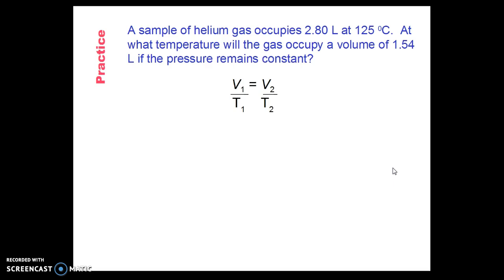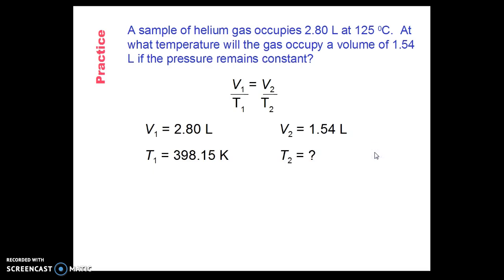We use the working formula from the previous slide, V1 over T1 equals V2 over T2. We write down our known numbers. We remember to always put this in Kelvin, so we add 273.15 to the Celsius temperature. We write down our volume, and we solve for the temperature.